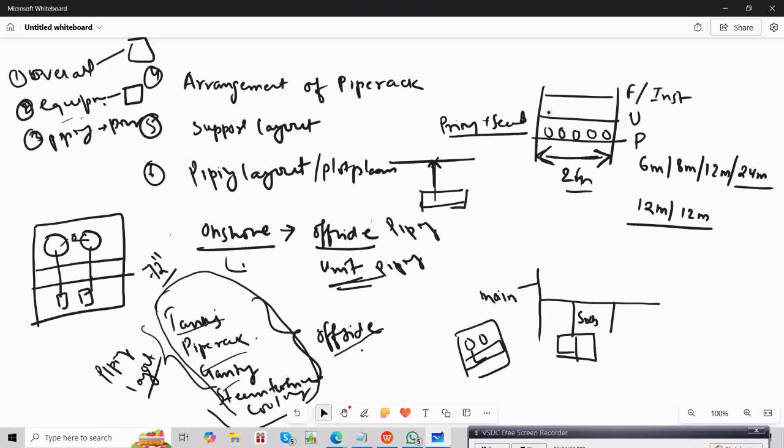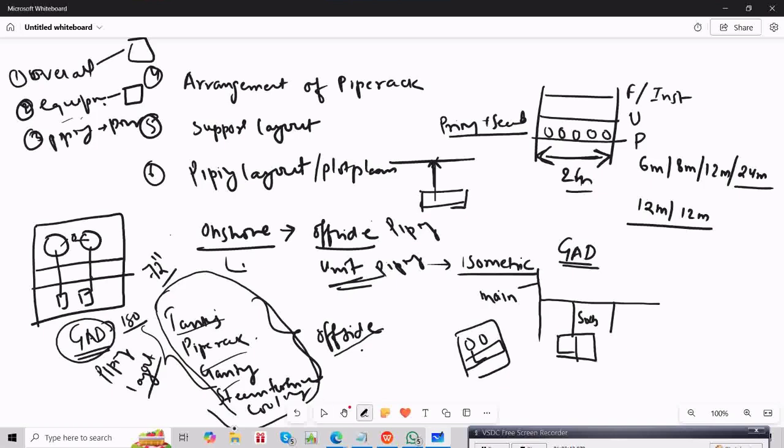So you have to generate the GAD, general arrangement drawings, and the construction will be done on the basis of GAD, not on the basis of isometric. In the unit piping, you are generating isometric of each and every pipe. But in the offside piping, you have GAD for the fabrication.